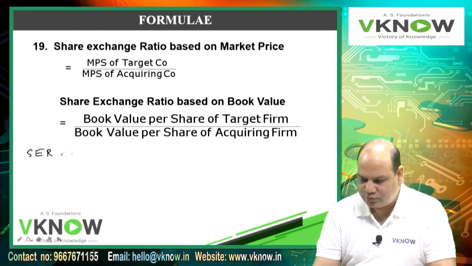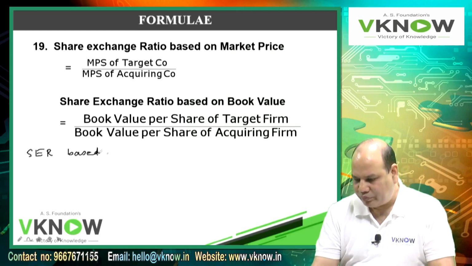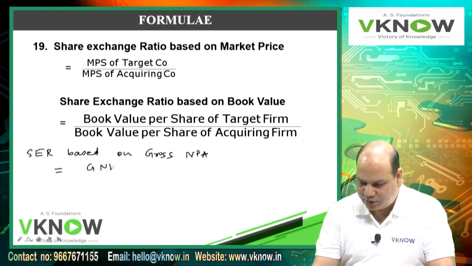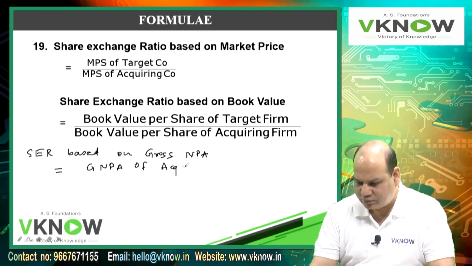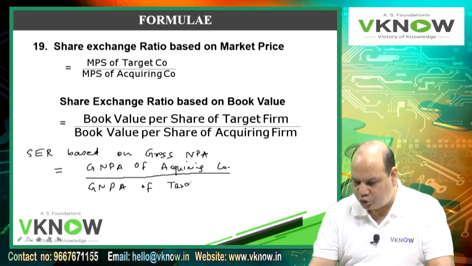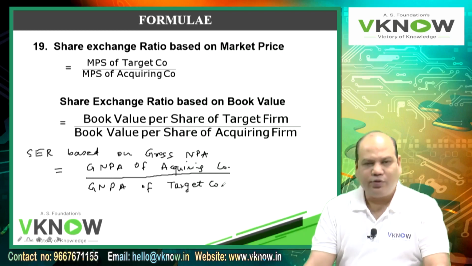Share exchange ratio based on gross NPA. Suppose in some banking problem this was asked. So now my formula will become gross NPA, GNPA, of acquiring company upon gross NPA of target company. In case of those parameters where a lower figure is better, the formula will reverse.